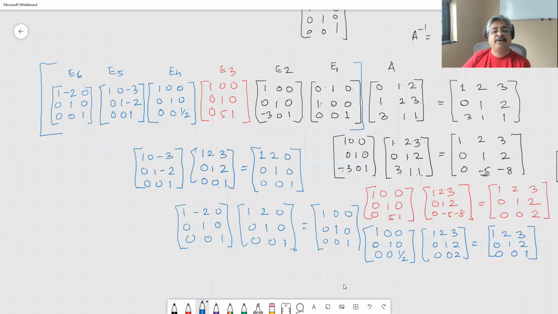E6 into E5 into E4 into E3 into E2 into E1 should be A inverse, because that entire block, when multiplied to A, generates the identity matrix.